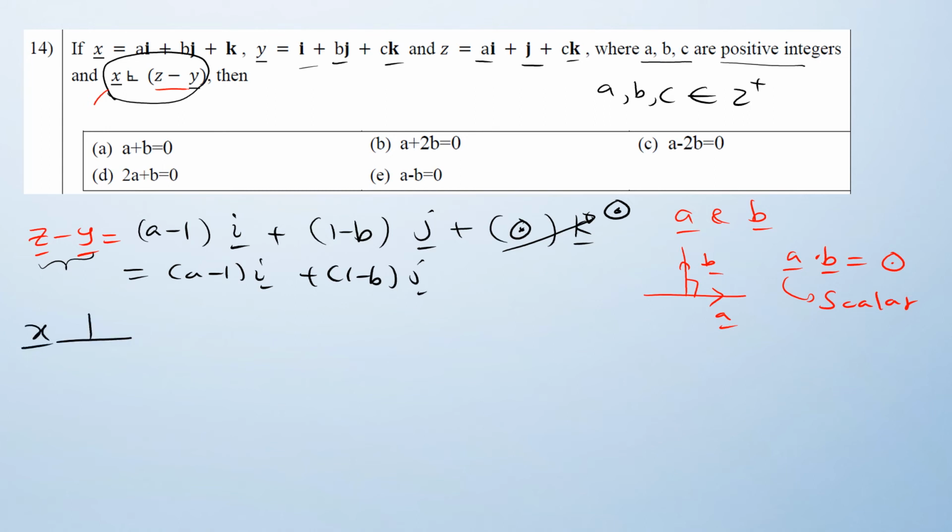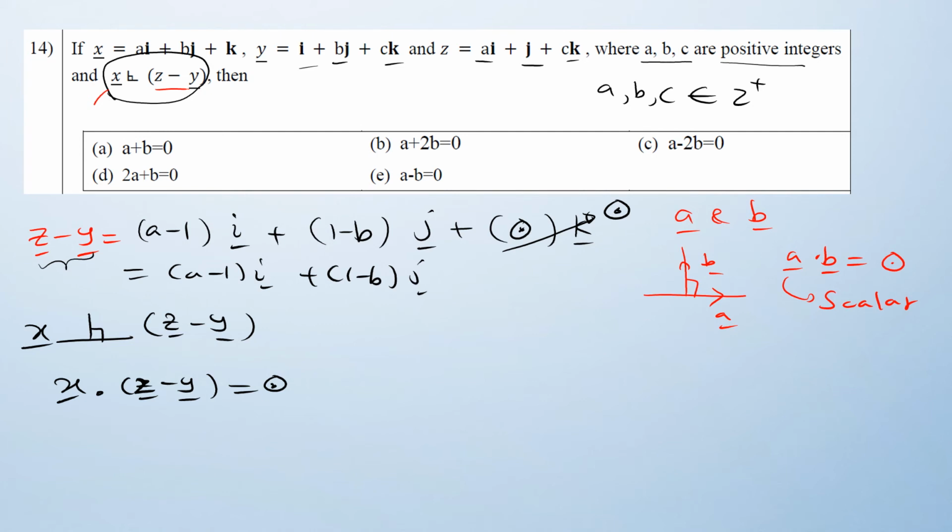Since x is perpendicular to this vector z minus y, we can take the dot product between x and z minus y, which equals 0. Dot product means when we have vectors in component form, the summation of the multiplication of the corresponding components equals 0.